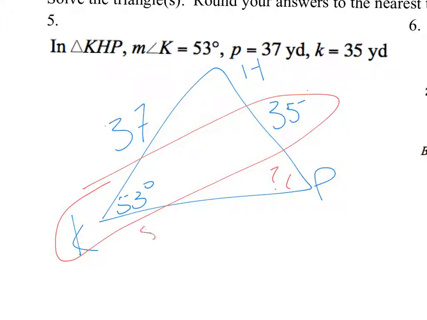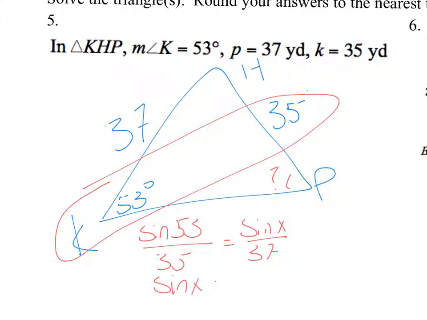So we're looking at sine of 53 over 35 is equal to sine of x over 37. I'm going to do sine of 53 divided by 35 times 37, and I get that sine of x is equal to 0.844.